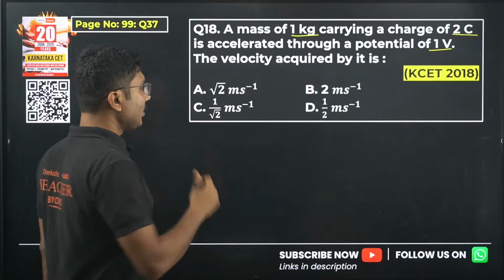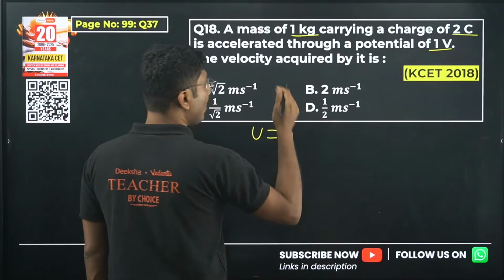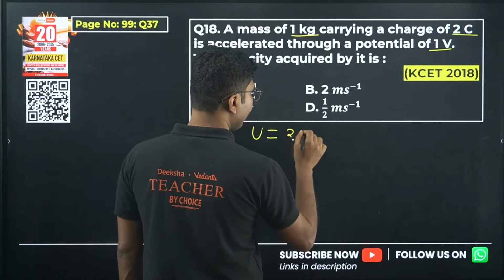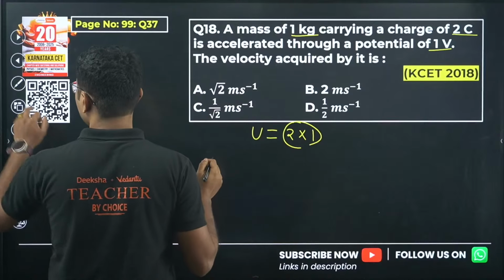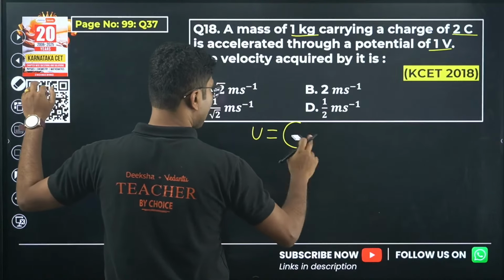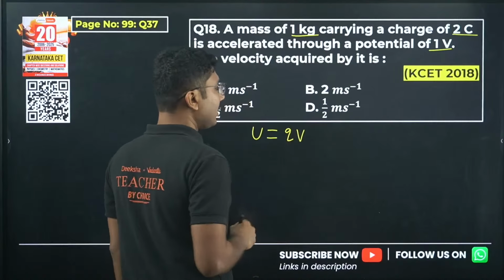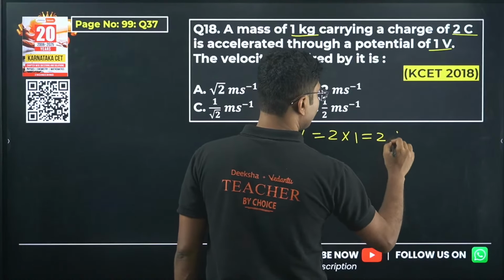In that case, the potential energy of the charge when it is at rest is given by 2 into 1. This is the potential energy, Q into V, right? Potential energy of a charge in a system is Q into V. That is 2 into 1, that is 2 joules.